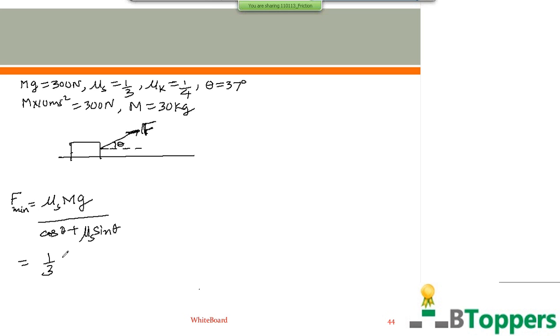Here mu s is 1 by 3. The weight mg of the block is 300 newtons. Cos theta is cos 37 degrees, which is equal to 4 by 5. Mu s is 1 by 3. Sin theta is sin 37 degrees, that is equal to 3 by 5. Try to simplify this.